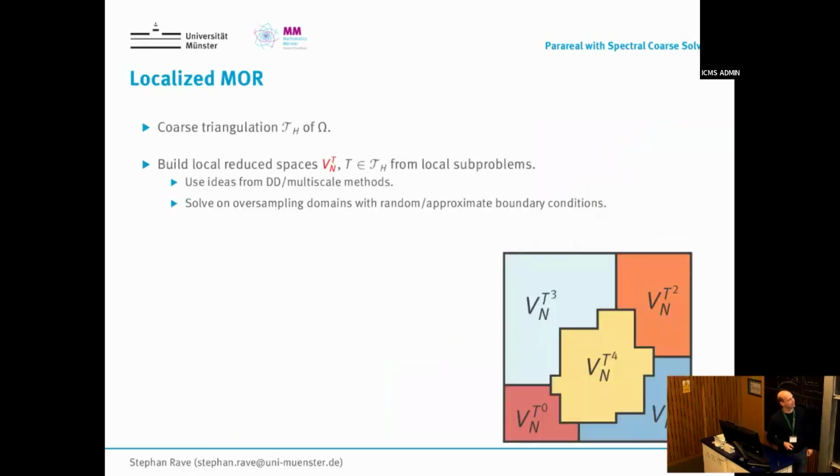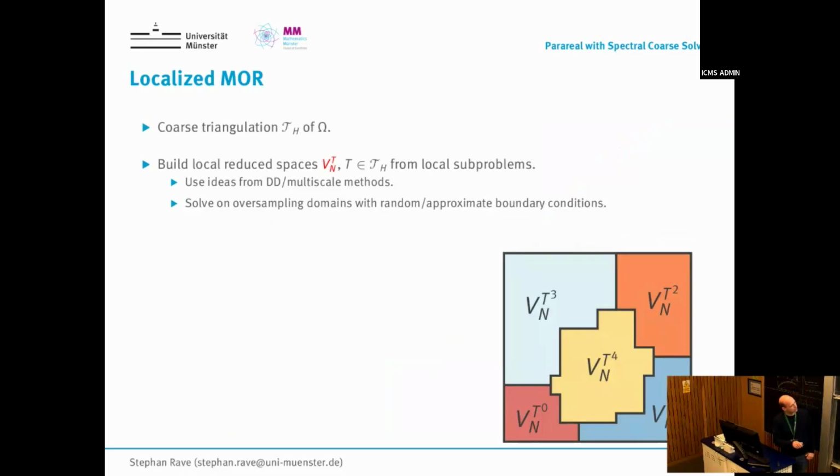So I take a domain decomposition of my computational domain, and then I build reduced spaces on each of these subdomains. And my goal is to build these spaces only by solving small local problems, not on the entire domain. And other things have obviously been done in domain decomposition and multiscale methods, and we do something quite similar.